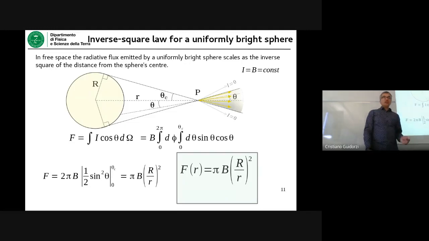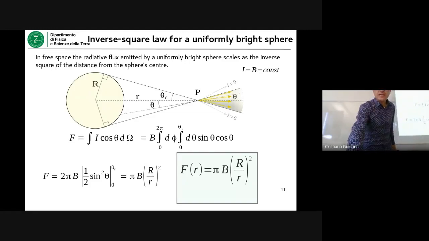The interesting thing here, in addition, is that you can calculate, for example, the flux exactly at the surface. You see, I didn't make any assumption on the value of r. The only constraint is that r is greater than or equal to capital R. If you move P right onto the surface of the object, all that we did here still holds.